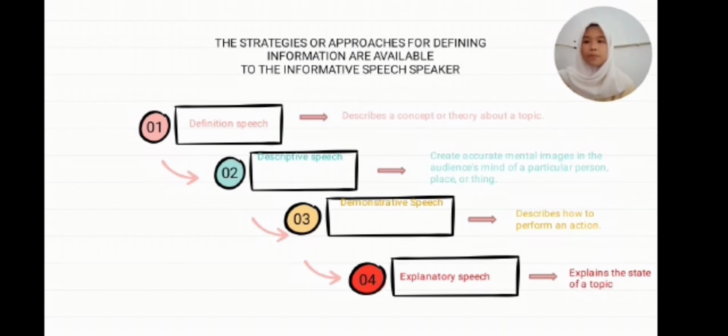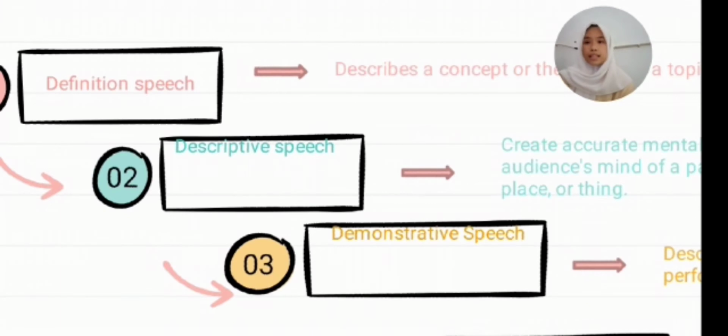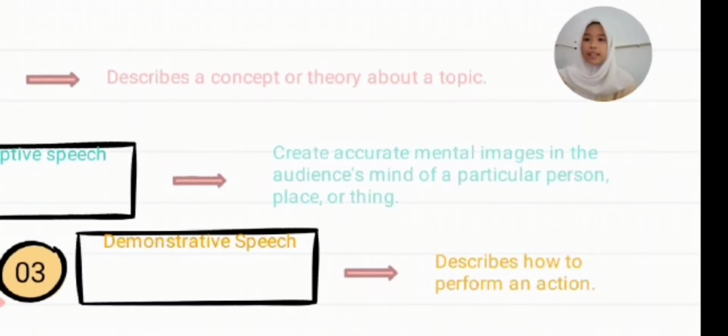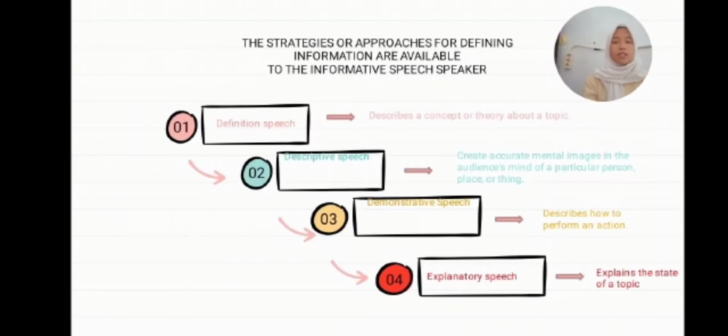And the main goal of this speech is to educate the audience so that they understand the main points regarding this subject. Second, descriptive speech. A descriptive speech creates an accurate mental image in the audience's mind of a particular person, place, or thing. A descriptive speech creates a vivid picture in a person's mind regarding an object, person, animal, or place. Third, demonstrative speech describes how to perform an action.